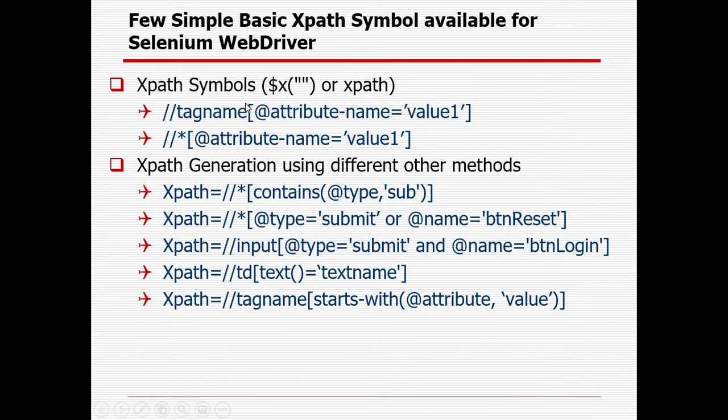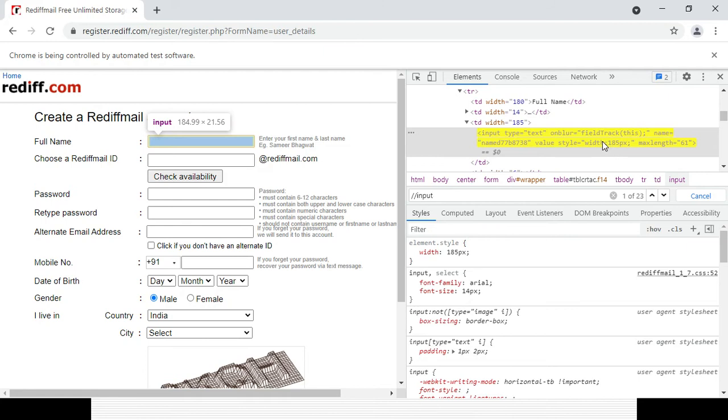So slash tag name and square bracket, attribute name equal to value. But if I give the complete value, it will again create a problem, because that part is not fixed. The name part is fixed, but the remaining part is dynamic in nature. So I need to use another way.